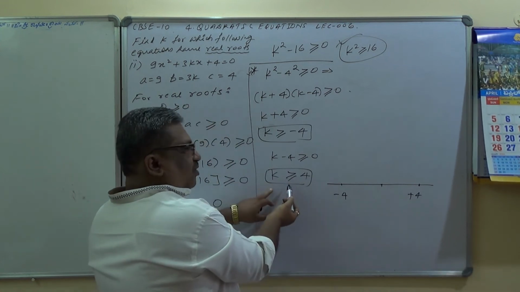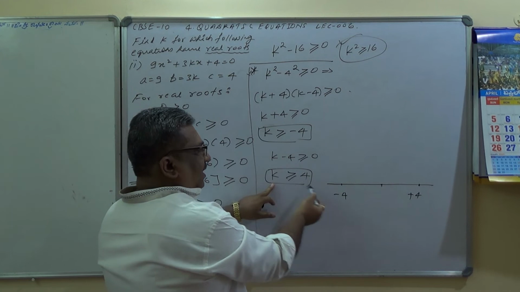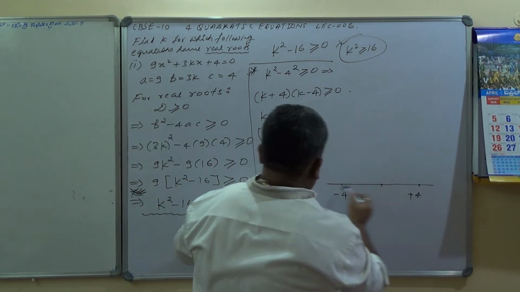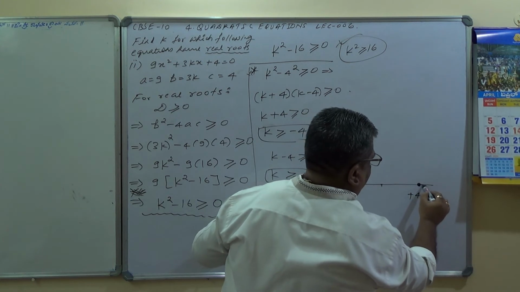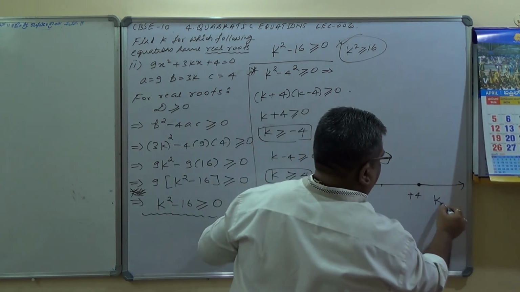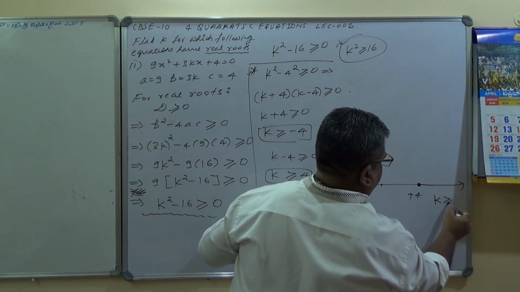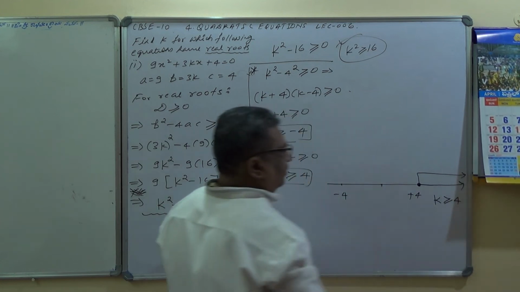Let us take this situation. K is greater than 4. If k value is greater than 4 means, equal to 4 means shaded circle and this side it is greater. All this is nothing but k value is greater than or equal to 4. Means from here to here.